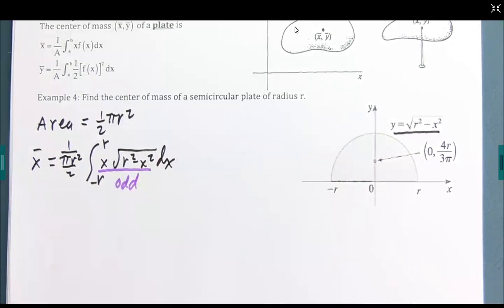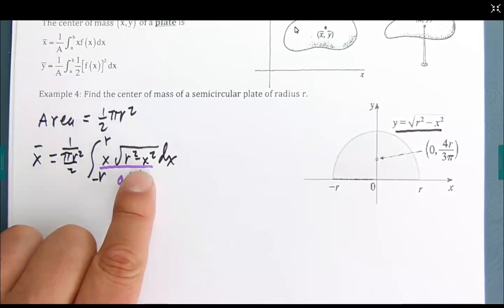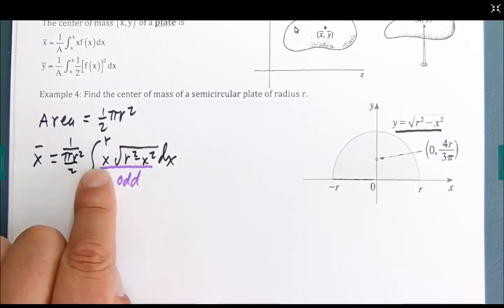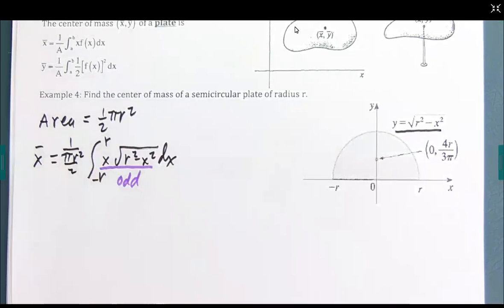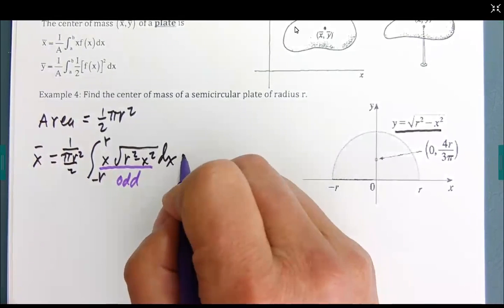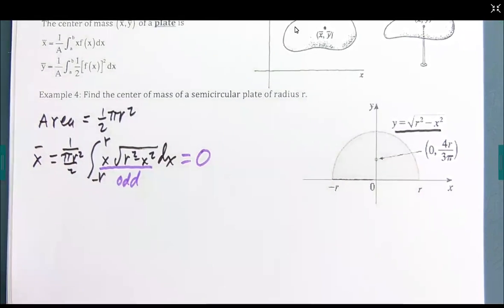How do I know that? If I take x and replace all of them with negative x's, that stays the same because I'm squaring it, but that becomes a negative x, meaning it becomes the negative of the function itself. That makes it odd. And when we integrate from negative r to r of an odd function, the result is always 0. So that was easy, not too bad.